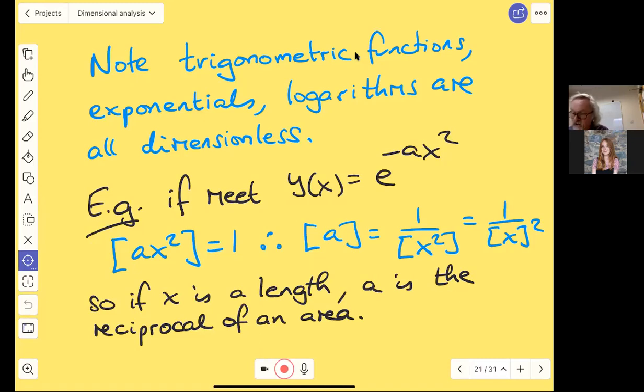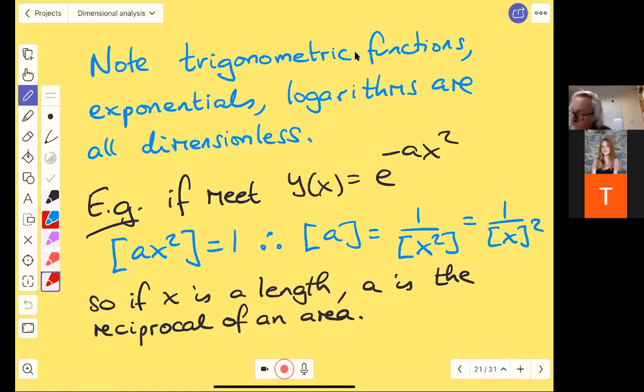Logarithms, dimensionless. So if you meet, for example, this lovely Gaussian function, e to the minus ax squared, this must be dimensionless. It's an exponential. Its argument has got to be dimensionless.